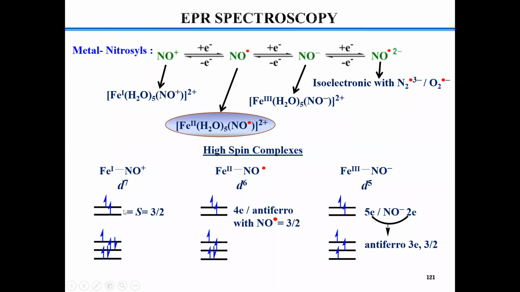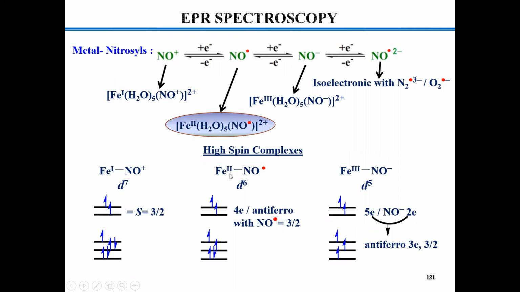Now, if you look at the total electronic configuration for all the three cases, you have an S equal to 3/2 quartet molecule. Because here iron 1, you see that D7 configuration. If you put it this way, this is the high spin configuration you have considered, 3/2.